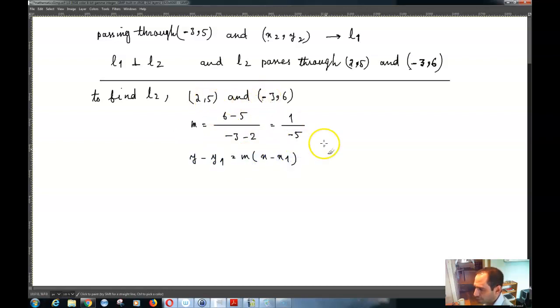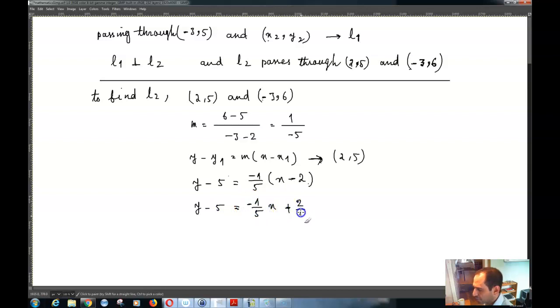I take, for example, this point over here, 2, 5. And so I can write y minus 5 is equal to negative 1/5 times x minus 2. So y minus 5 is equal to negative 1/5 x plus 2/5.